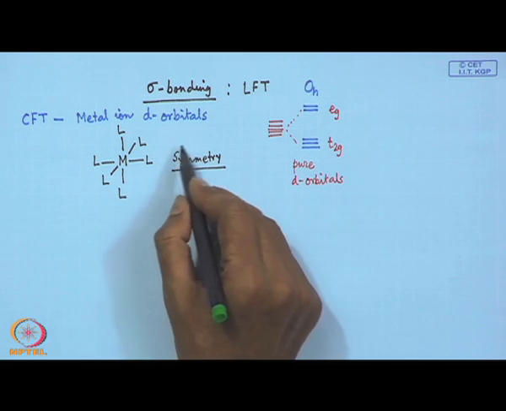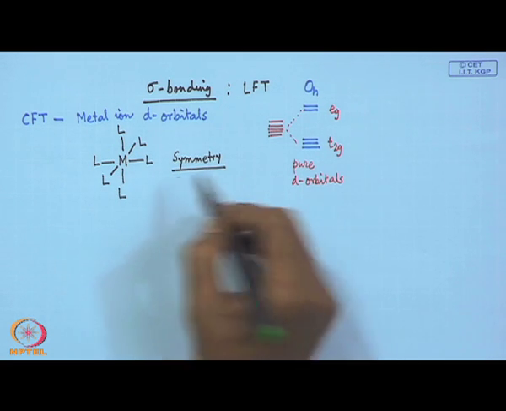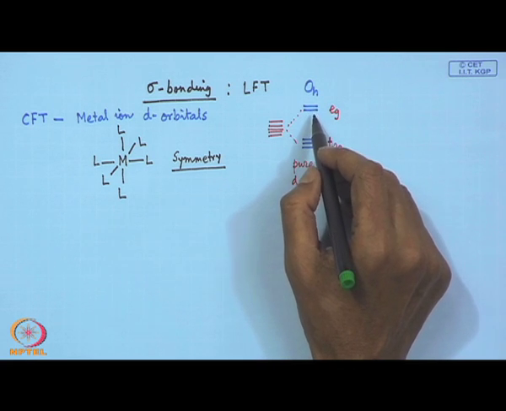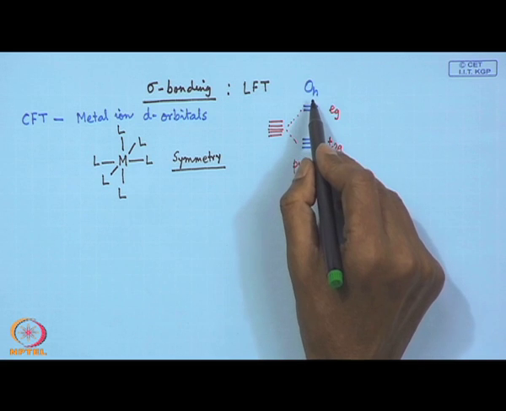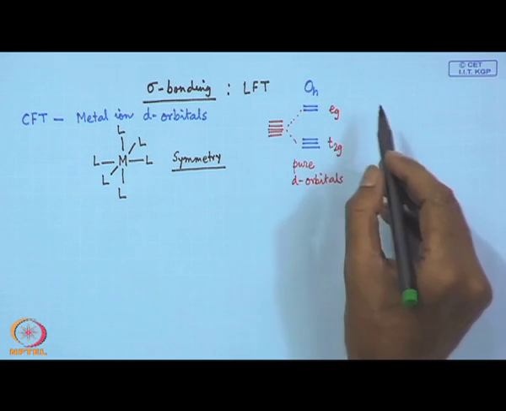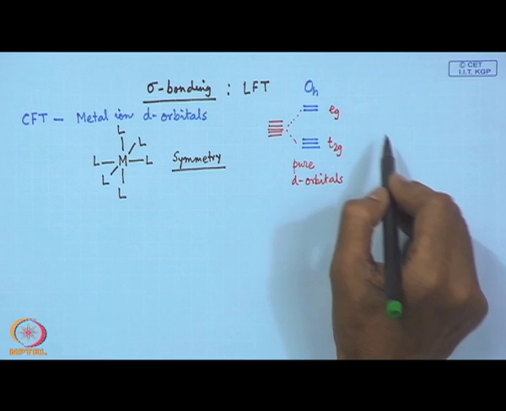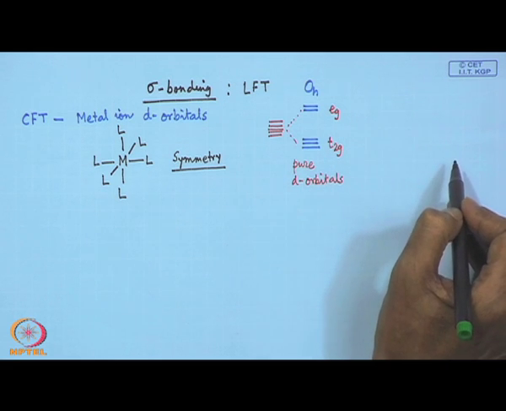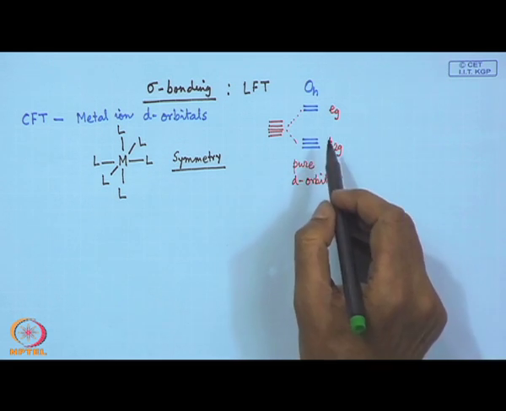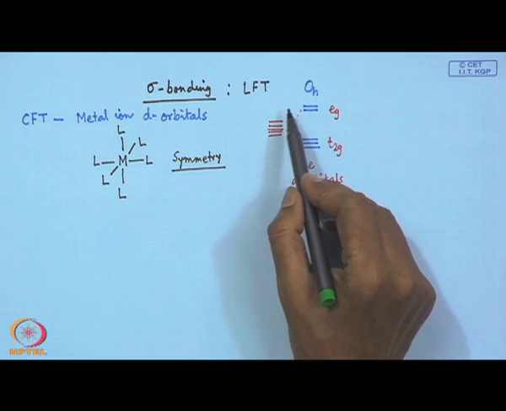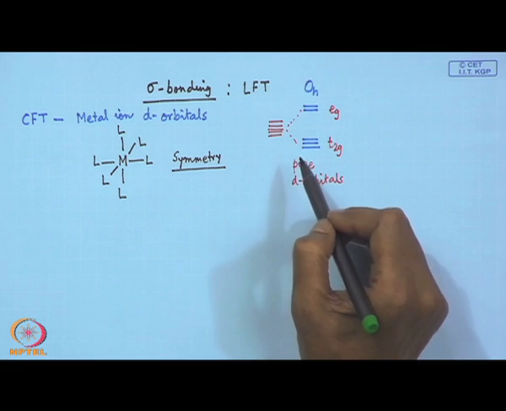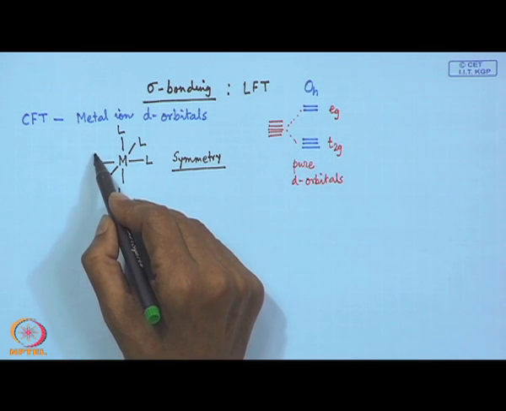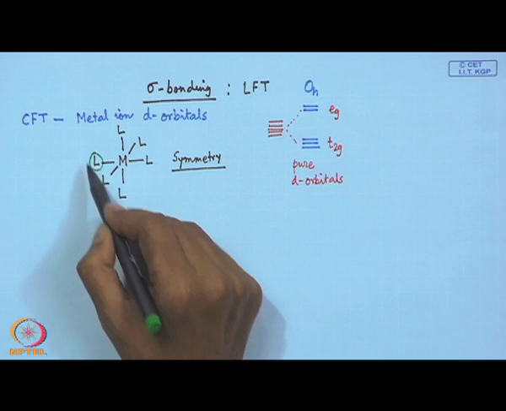That means the symmetry of the placement of the ligand system shows what type of splitting we can have, whether we have a typical octahedral geometry or tetrahedral or square planar or square pyramidal geometry. That we basically get from the information of what type of crystal field we are imposing due to the presence of these ligand systems.